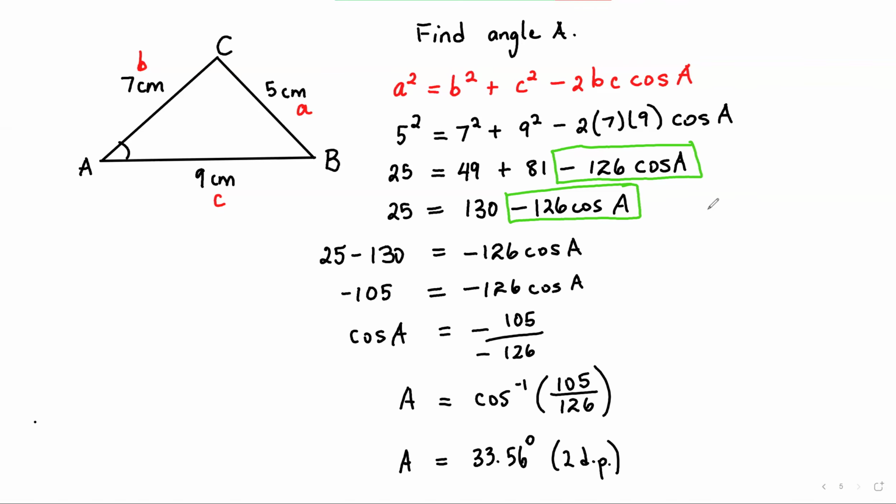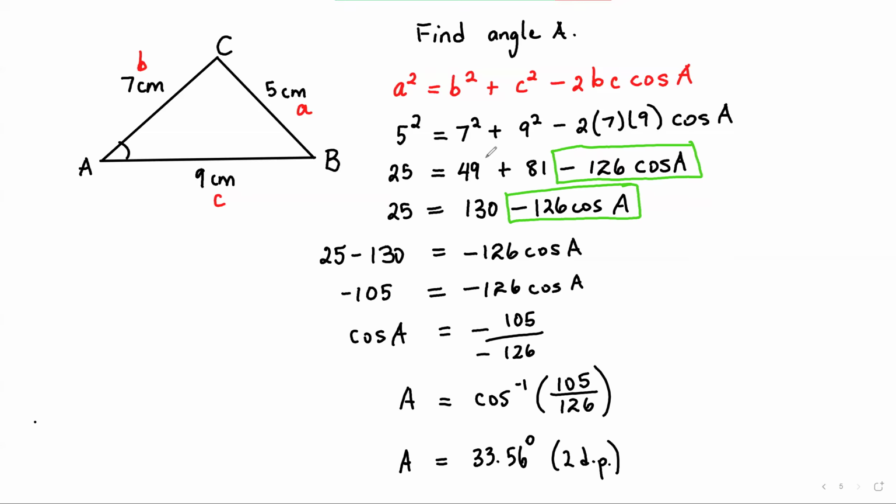That is incorrect because minus 126 cos of A is one term. It means minus 126 times cos of A, just like if you would have had a normal variable with a coefficient. So consider minus 126 being the coefficient of cos of A, right?